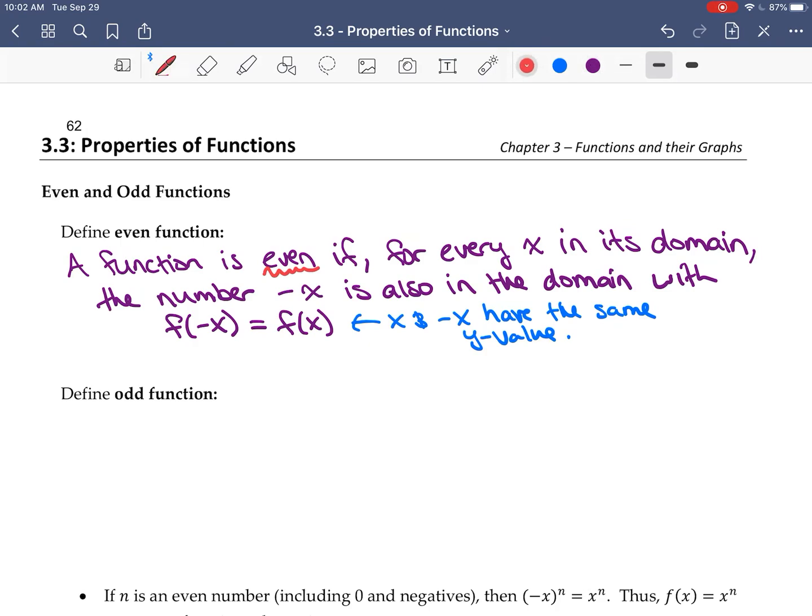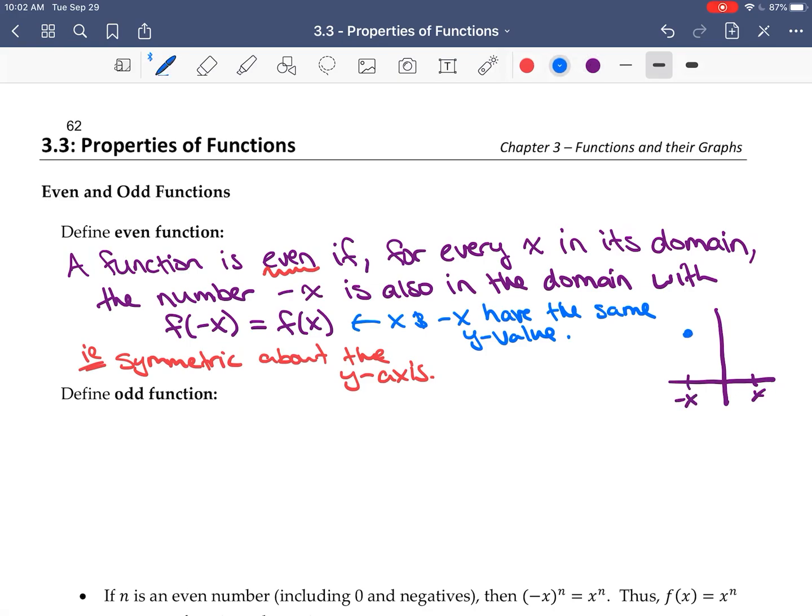And what this means is that it's going to be symmetric about the y-axis. So this is equivalent to the y-axis symmetry. If I draw you a little picture, if I have x over here and negative x over here, their y values are going to match.